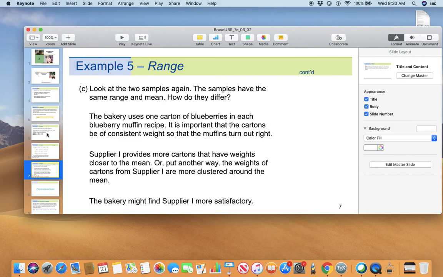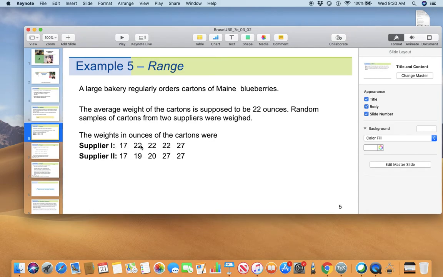So I hope you understood this explanation. Let's go back and look at supplier 1. You expect your recipe to contain 22 ounces of blueberries in each muffin. So supplier 1 is a better bet for you because more of their weights are closer to 22. Whereas here, they are far spread out.